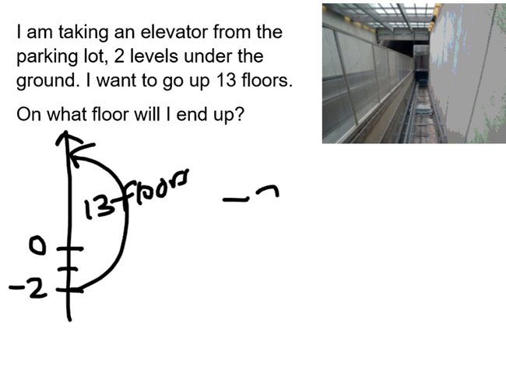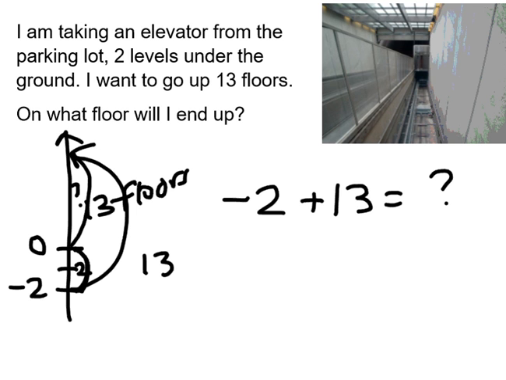You can represent this by minus 2 plus 13, and you have to figure out where you're going to end up. You can see that here I have 2, and I have to find what's missing there. So I really have to find the difference between 2 and 13. We already did 2 here. So what's left here? On the side we're doing 13 minus 2, and that's 11.